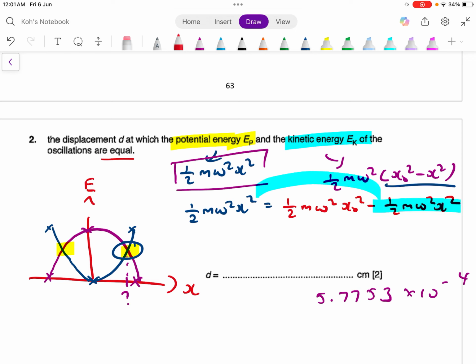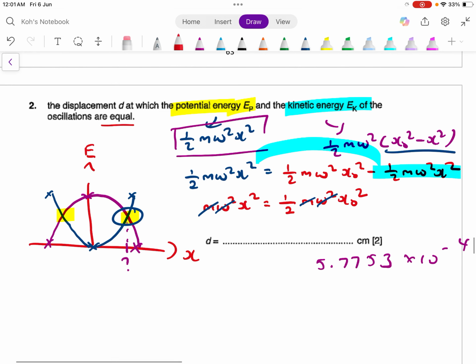You do the mental calculation: half plus half is 1, so m omega square x square equals half m omega square x naught square. A bit of cancellation: m cancels, omega square cancels. You can see that x square is actually equal to half x naught square.